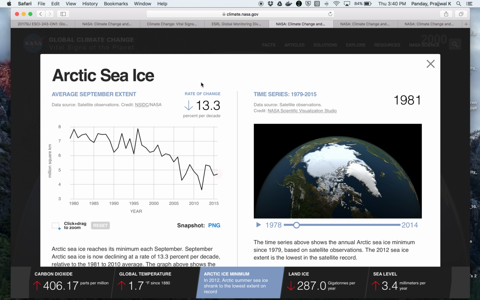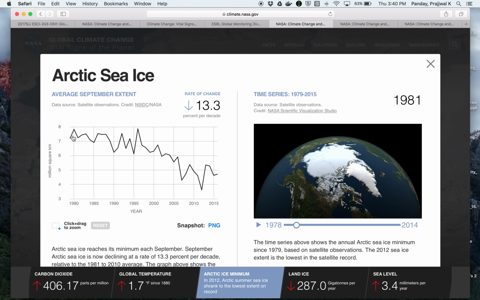So what's happening globally? We have covered this in the cryosphere section. This is Arctic ice, showing how many millions of square kilometers of Arctic ice there are in September. The Arctic ice melts in the summer, so the September extent is the minimum Arctic sea ice extent.